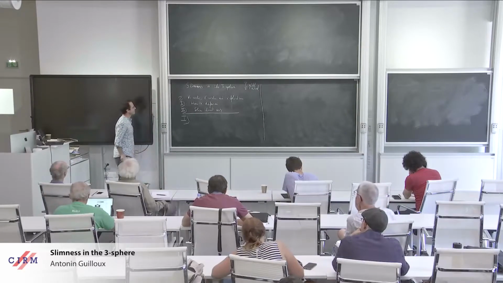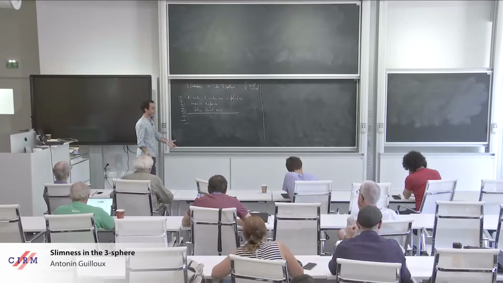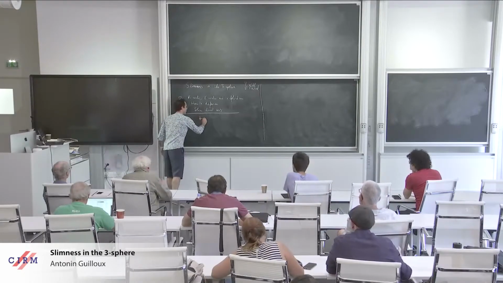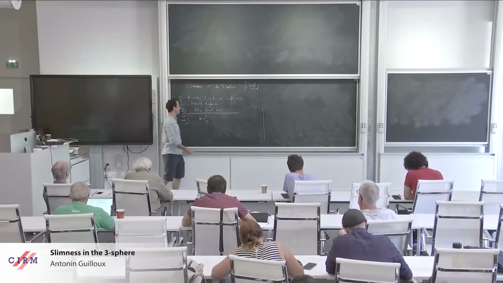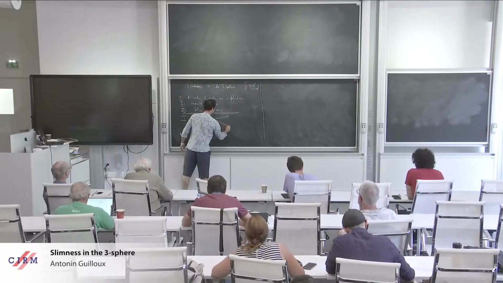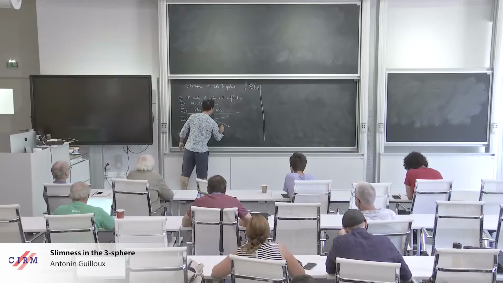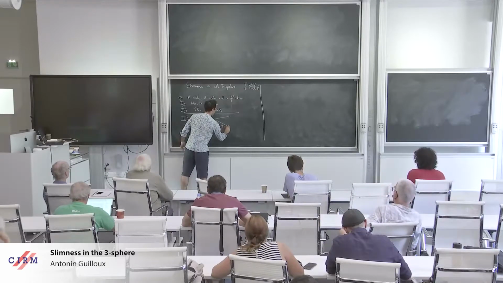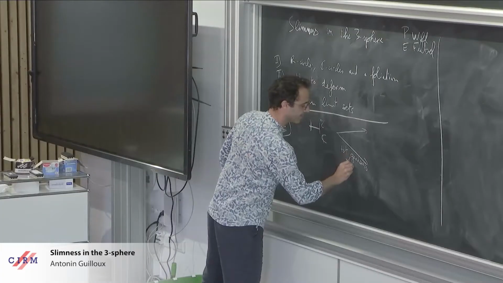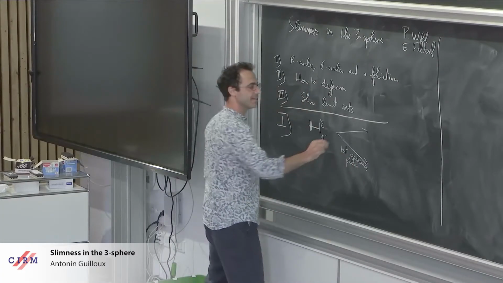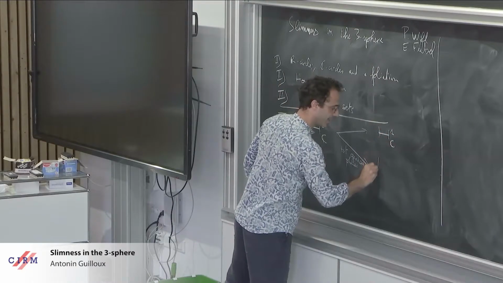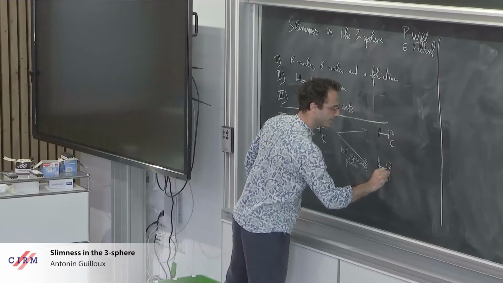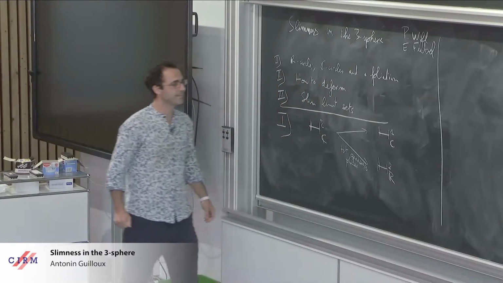So, as you at least now know, inside H2C, you have 2 kinds of totally geodesic planes, well, 2-dimensional objects, which are H1C and H2R.